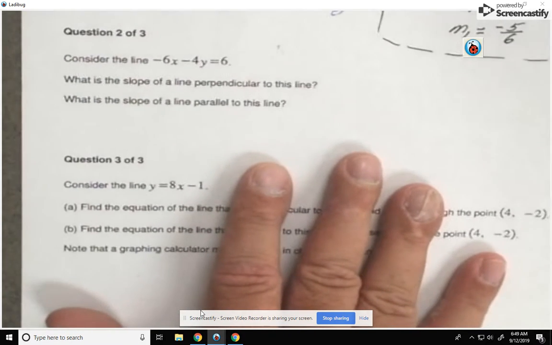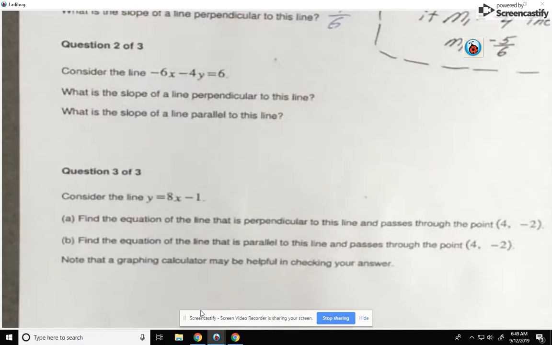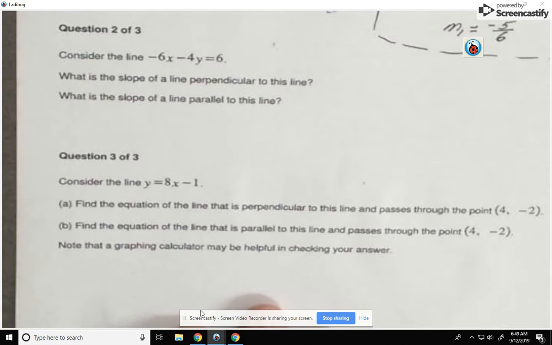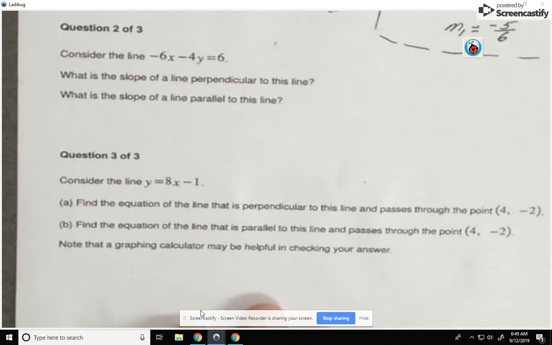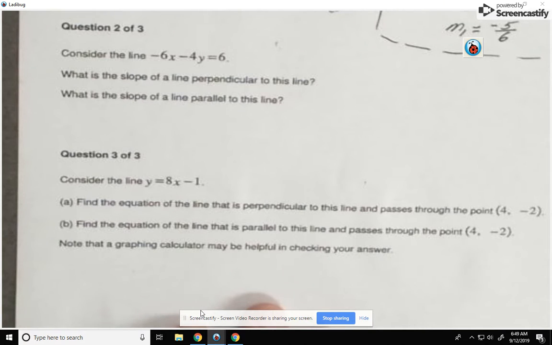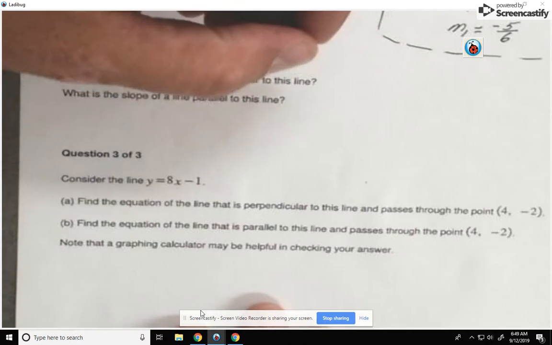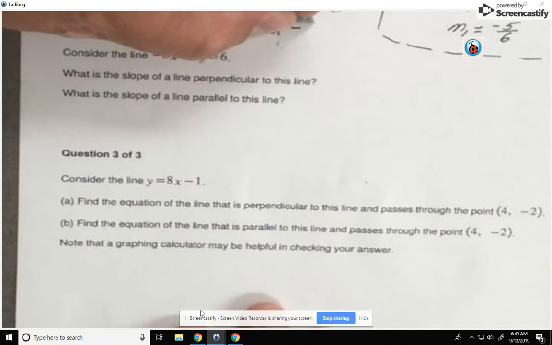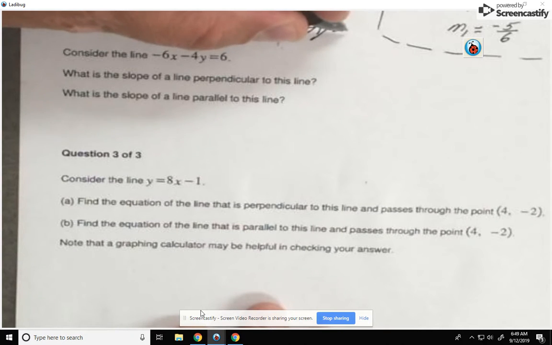Question 2 is along the same lines, except this time we're given an equation in standard form. So first thing we want to do is change this into slope-intercept form, the y equals mx plus b. So we have -6x minus 4y equals 6.